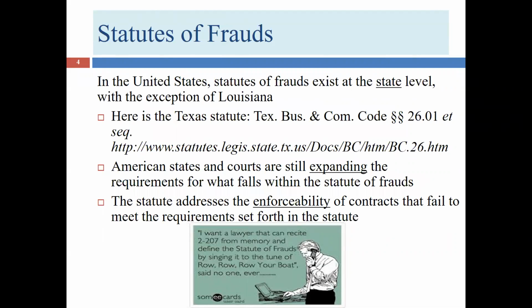The statutes of frauds exist, as I said before, in all 49 of the states, not Louisiana. And of course, let's just pause here and remind ourselves why we don't have it in Louisiana. Louisiana is a civil code jurisdiction, right? It was part of France until 1803.